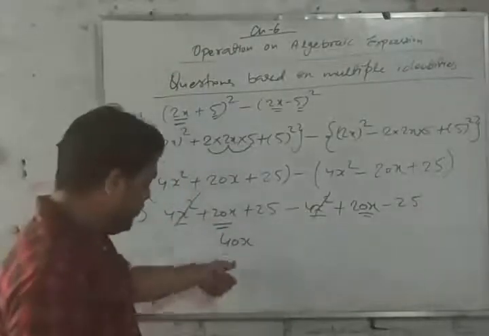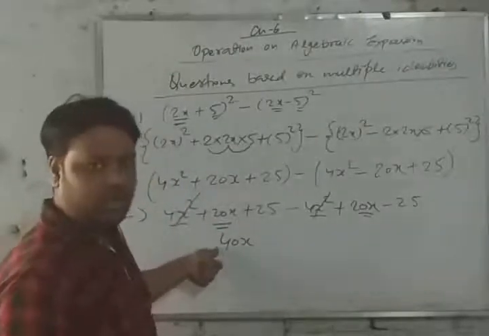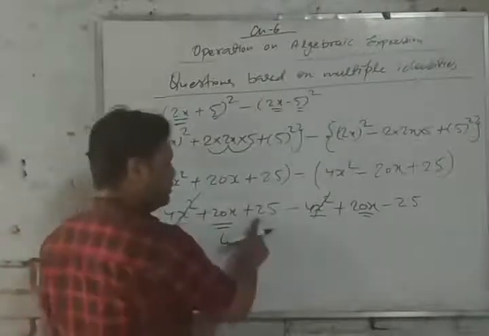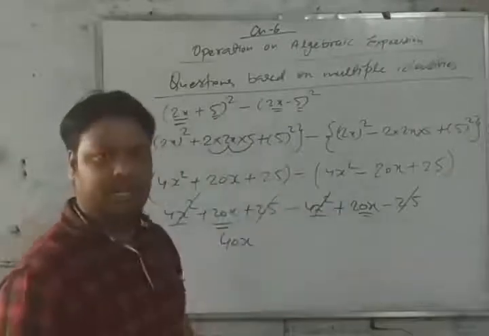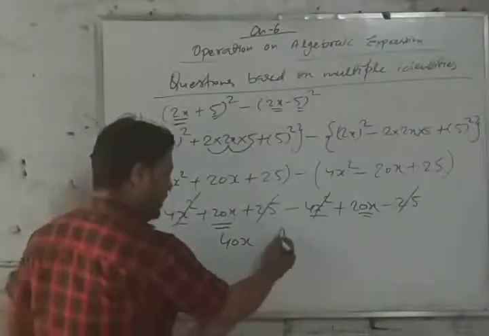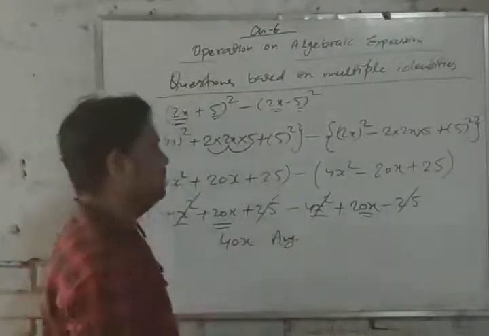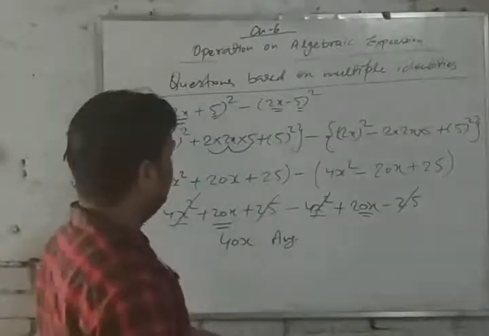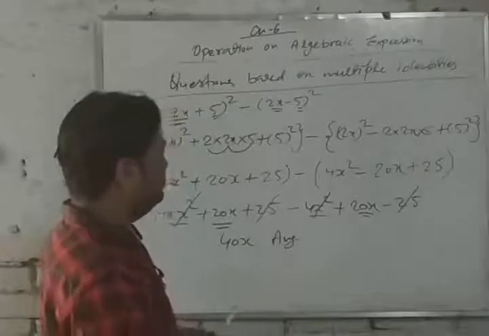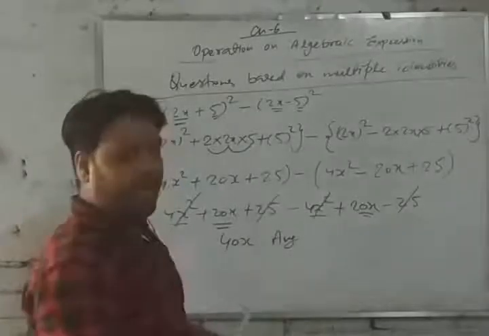But since now it is the first term, we will not show the plus sign. Now here plus 25 minus 25 cancel out again. Same term with opposite sign, then cancel. So only 40x will be our answer. I hope that you all have understood. Now let's solve another question.